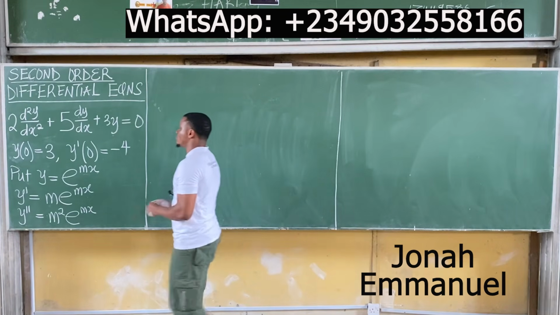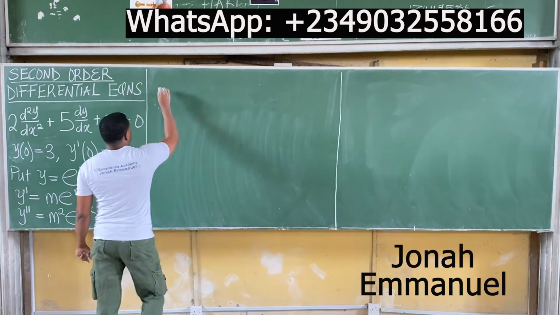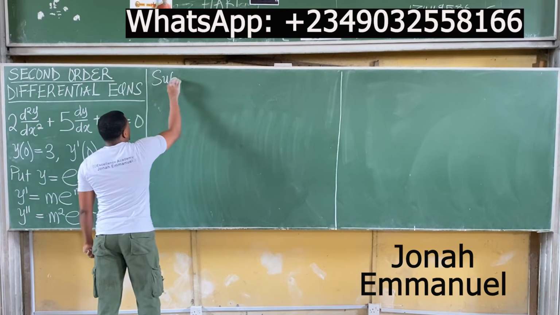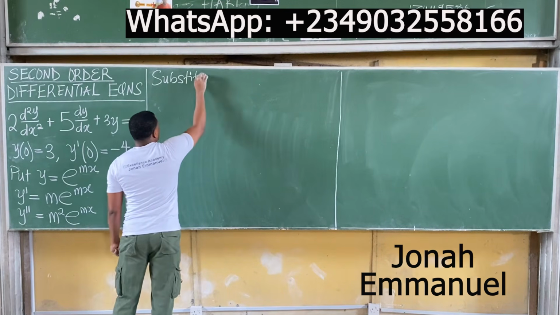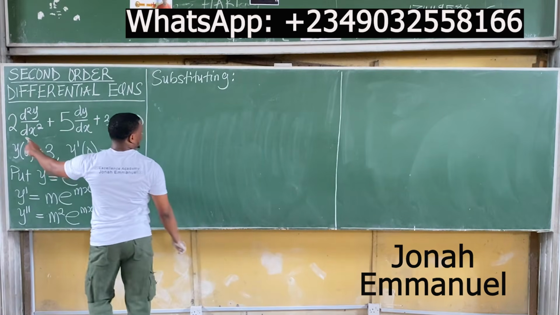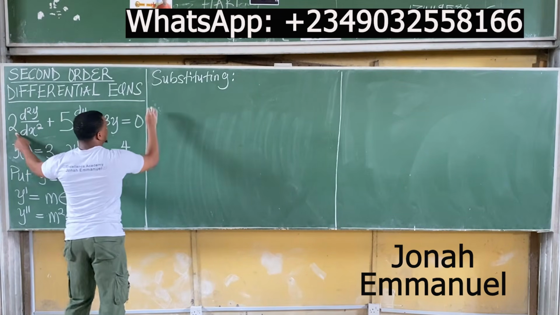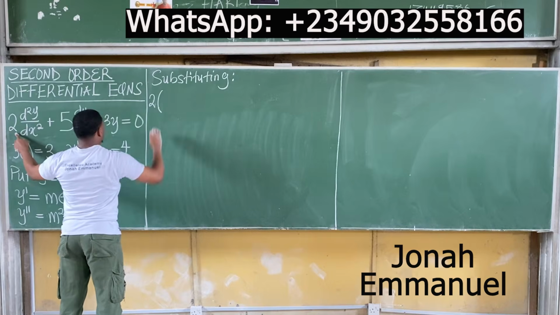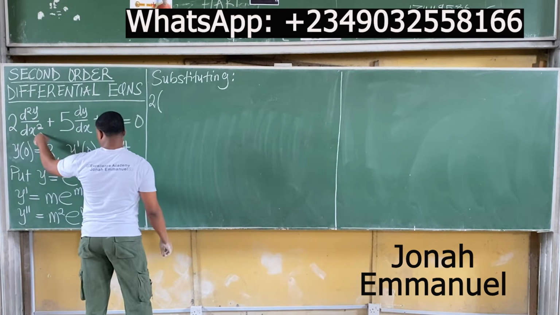Next up, let's do a substitution. So substituting into the given differential equation. So I have 2 times d squared y over dx squared.